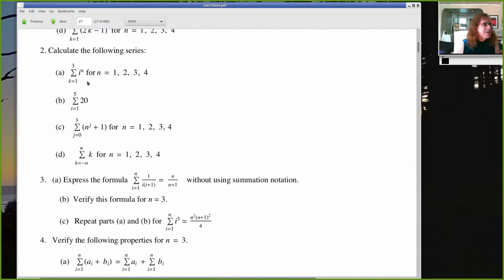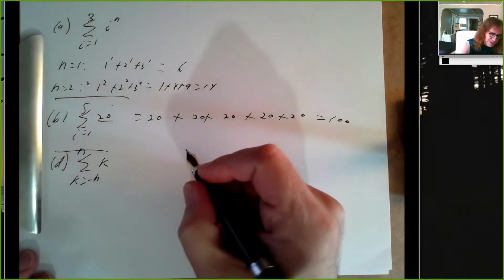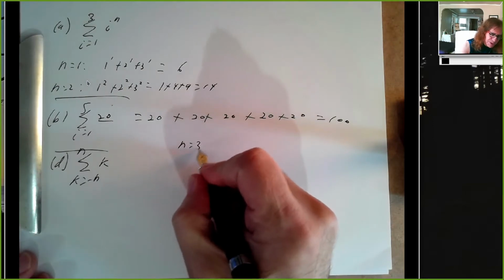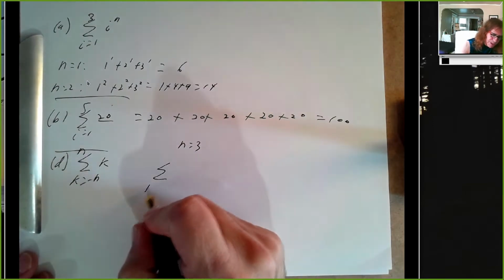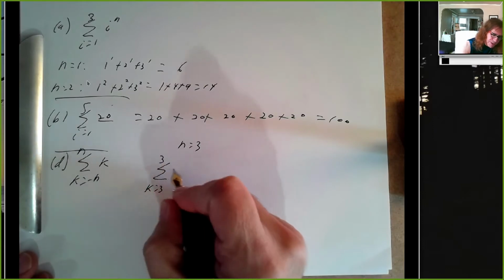And then C is basically the same. It's n to the j instead of j to the n. And then D, sum from k equals minus n to n of k. And so let's just pick one. Let's pick, for example, n equals 3. This is the sum from k equals minus 3 to 3 of k.